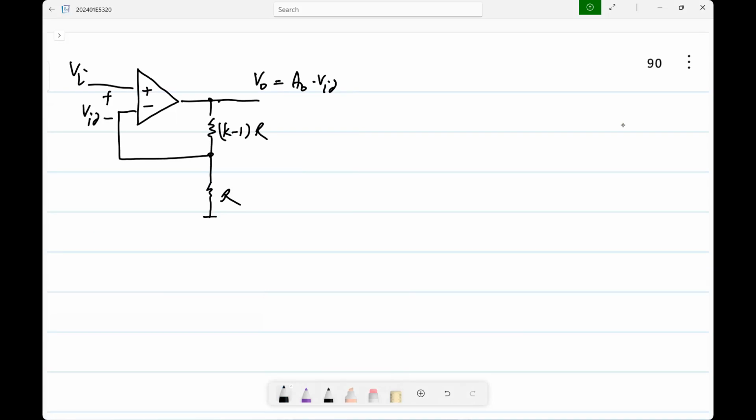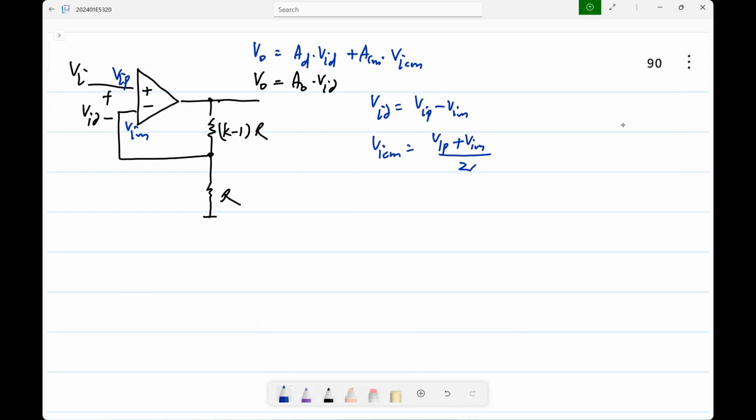This is the model we use, right? But let us say that VO is AD times VID, which is the conventional differential gain, plus ACM times VICM. What is VICM? So this is VIP, VIM. VID is VIP minus VIM, and VICM is VIP plus VIM by 2. So this is just regular linear circuit analysis. You assume that this is the model for the op-amp and you calculate what the output is.